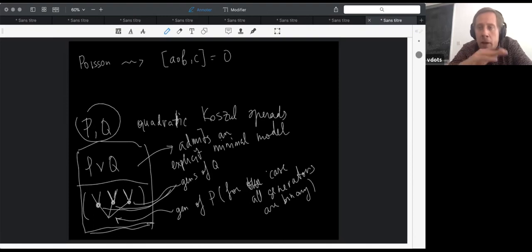You can construct the space of generators of the minimal model, and write an explicit differential that squares to 0 and show that you get a model.